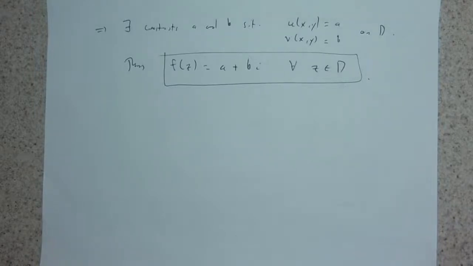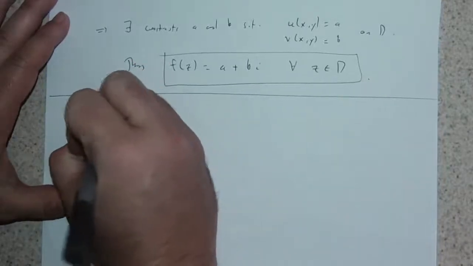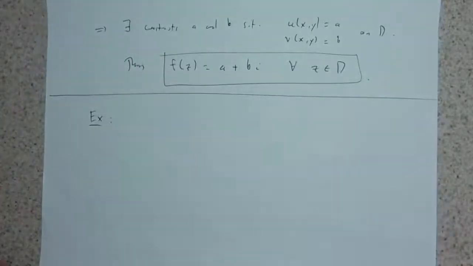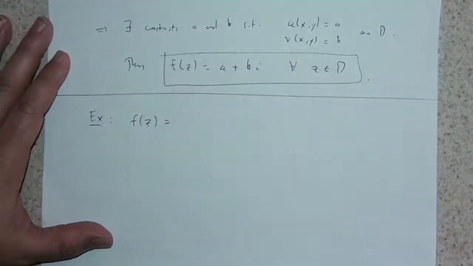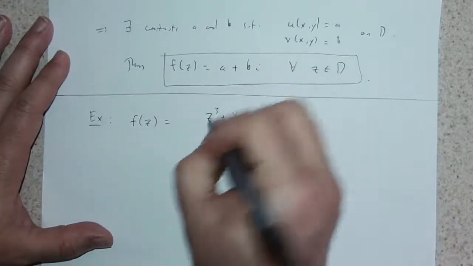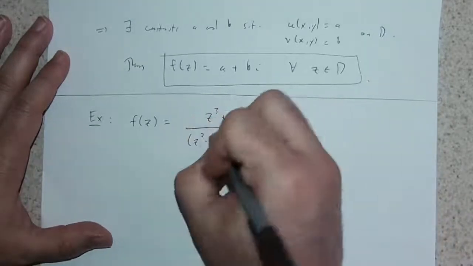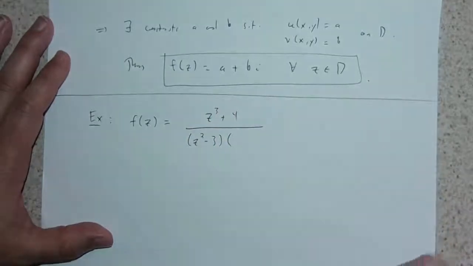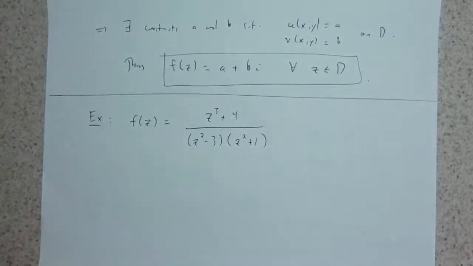Let's talk about some easy examples of analytic functions. So for instance, if I look at the rational function, say z cubed plus 4 over z squared minus 3, z squared plus 1, what kind of function is this?